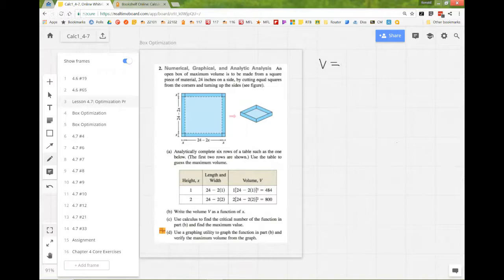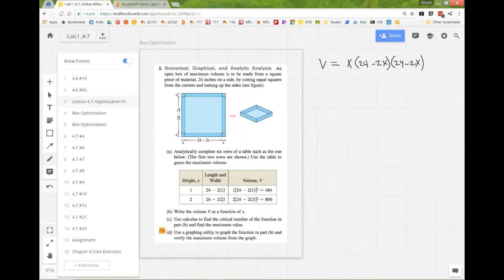And so whatever X is, the width will be 24 minus 2X, and the length will be 24 minus 2X. And the height will be X. So X times (24 minus 2X) times (24 minus 2X). Does that make sense to everybody?